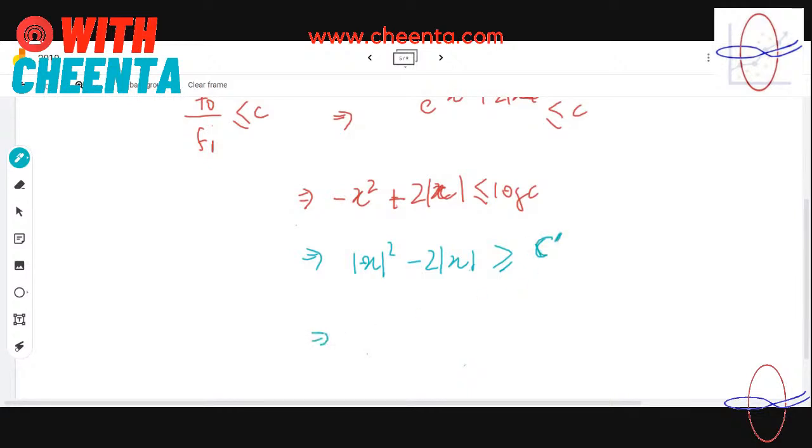So therefore you get that mod x minus 1 whole square is greater than or equal to C double dash.